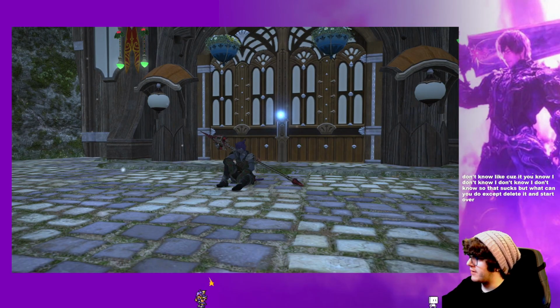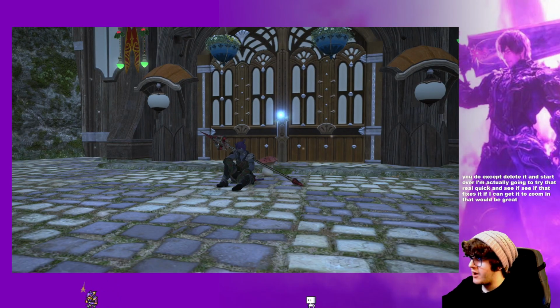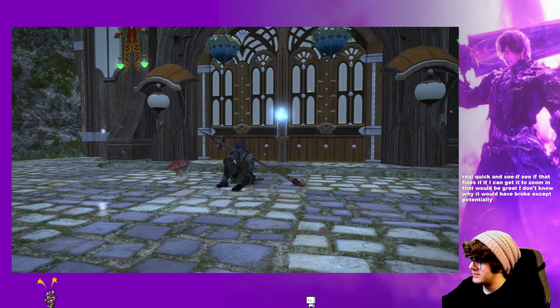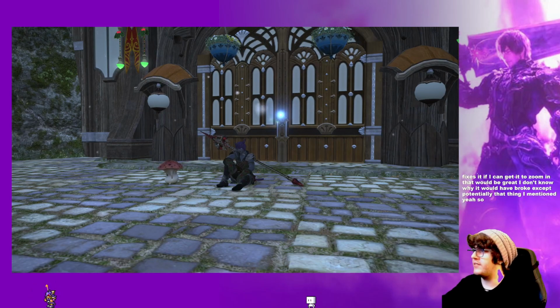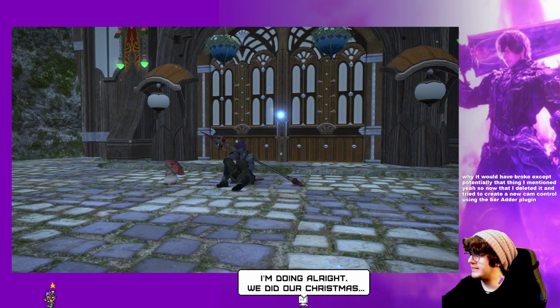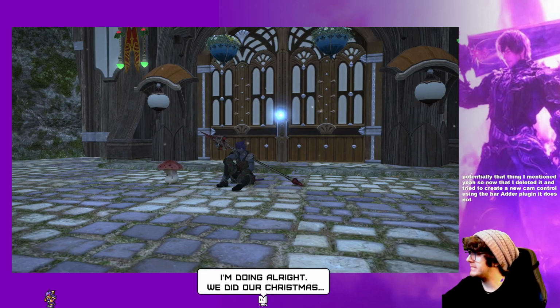I'm actually gonna try that real quick and see if that fixes it. If I can get it to zoom in, that would be great. I don't know why it would have broke, except potentially that thing I mentioned. So now that I deleted it and tried to create a new cam control using the plugin, it does not locate this webcam.